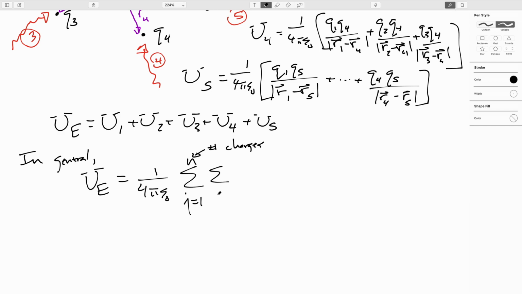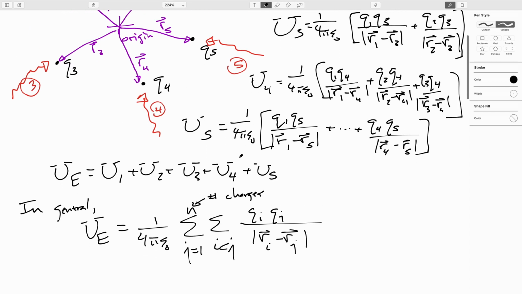Sum as for i less than j, qi, qj over the magnitude of ri minus rj. If you haven't seen this kind of summation notation before, let's step through it for this example to see how it works.